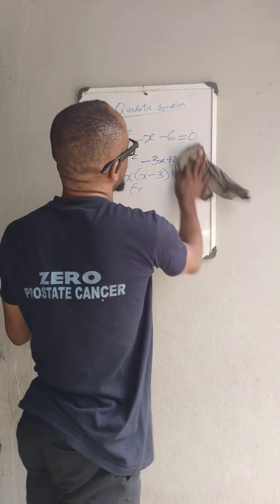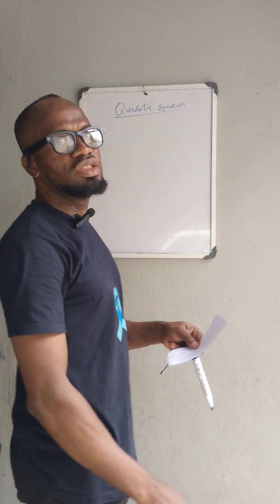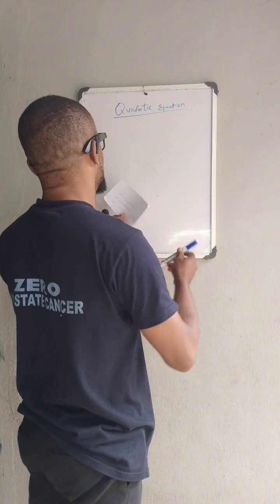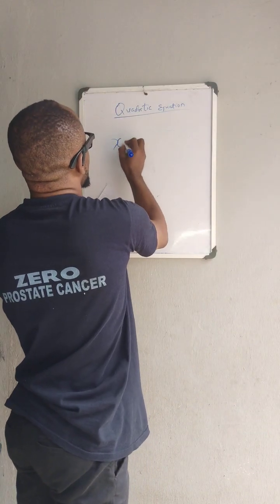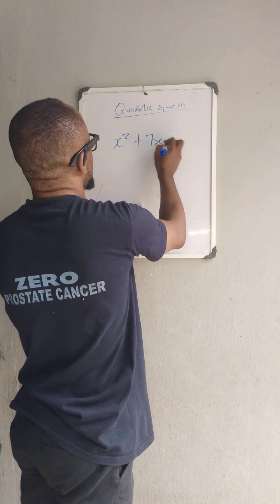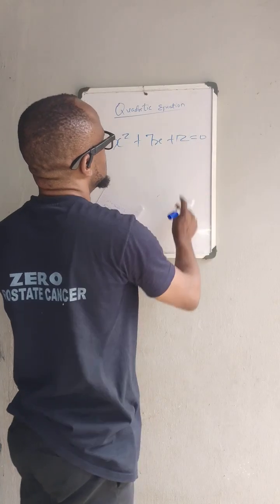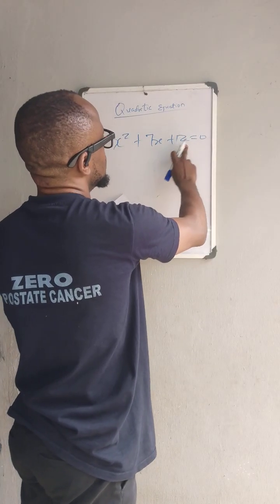So in a situation whereby you are in the WAEC hall, you don't need to follow the long process. For example, if they give you this in your WAEC exam, x squared plus 7x plus 12 equal to 0, just look at this 12 here.